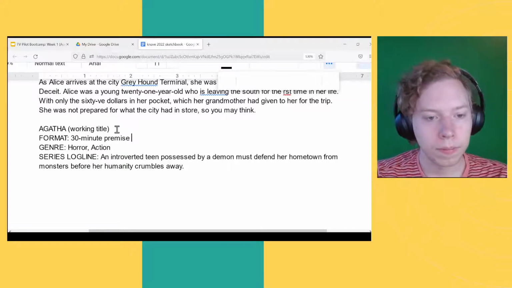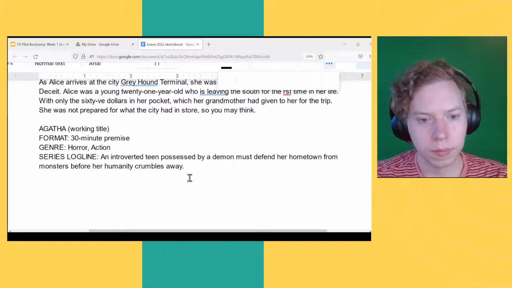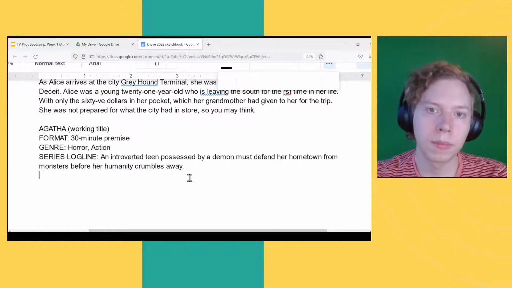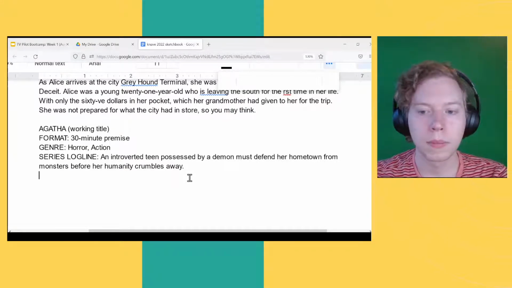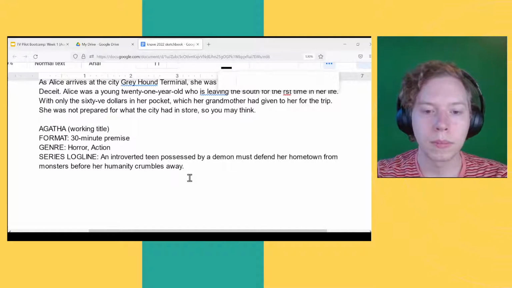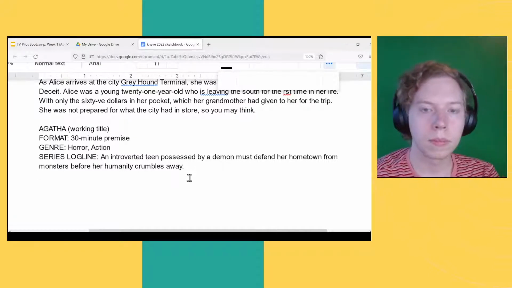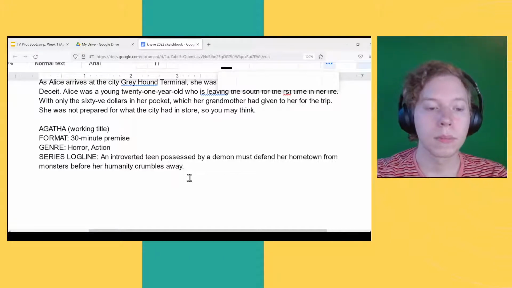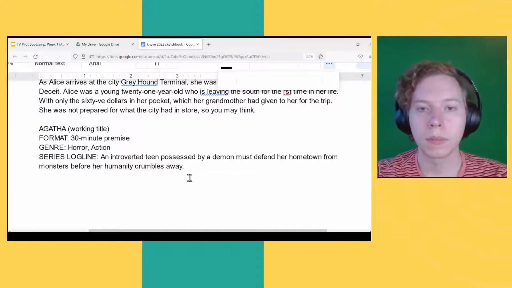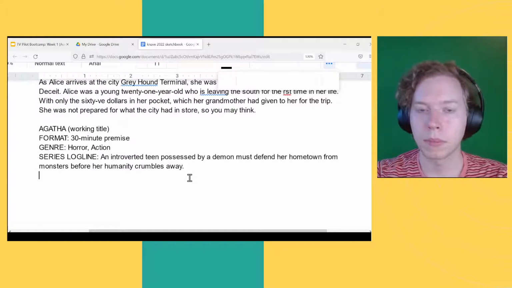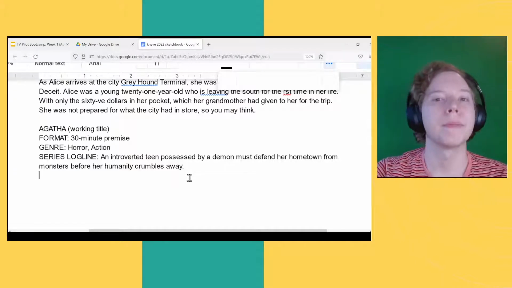The genre is, I'm thinking, horror action right now, but I might want to lean more towards horror mystery and keep the action to a minimum to play more into the horror, because I don't want to lean into Resident Evil territory here. And my series logline is: an introverted teen possessed by a demon must defend her hometown from monsters before her humanity crumbles away.